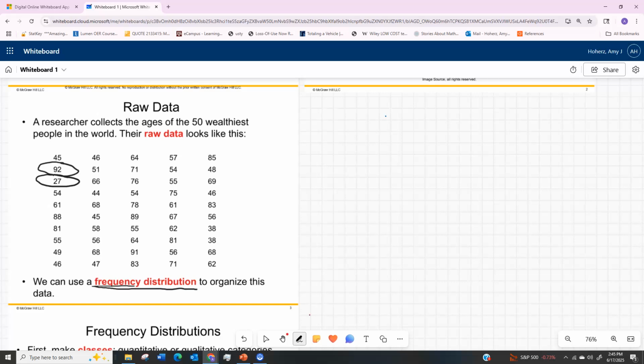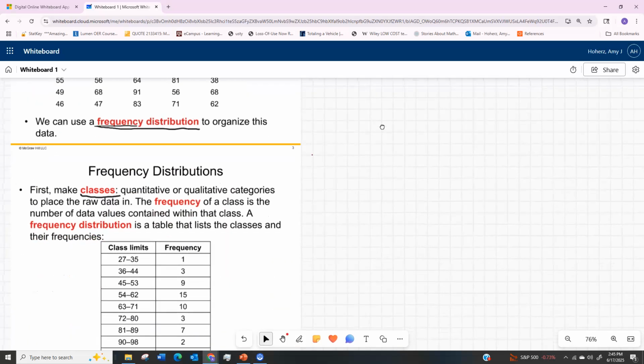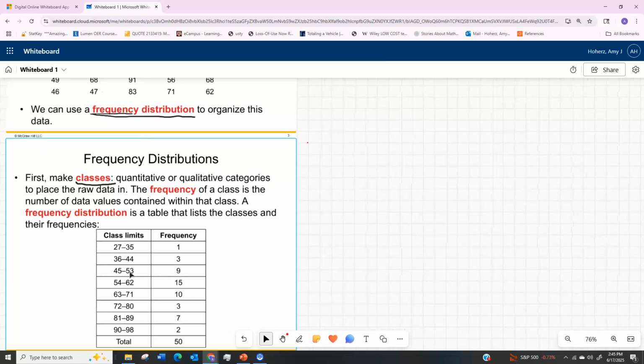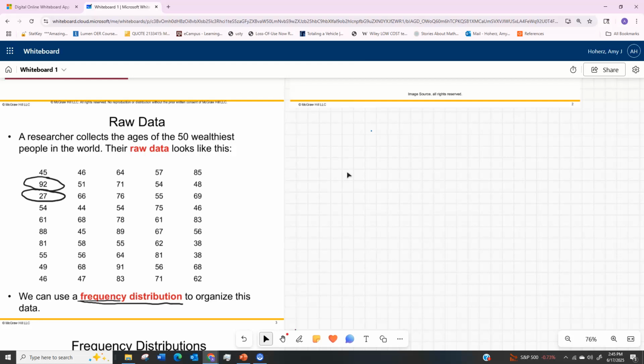So what we're going to do is divide from 27 to 92 into the number of classes that we want. Now remember, our goal this time, just because this is what they've done, is to do 8 classes. So if we take 92 minus 27, we'll get the distance between that highest and lowest point.